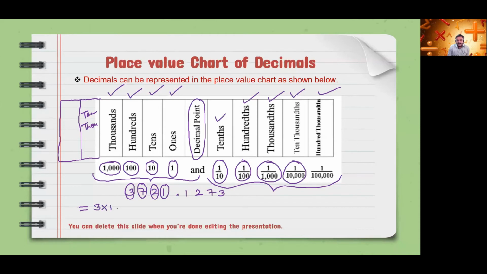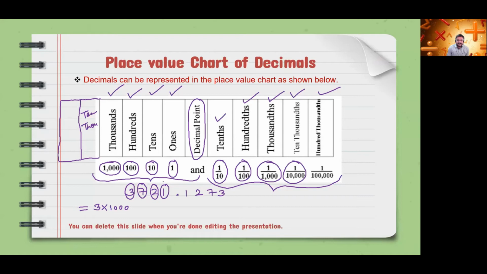3 multiplied by 1000. Now why have I written 1000 here? Can you tell me? I am not asking which one is greater and which one is smaller.